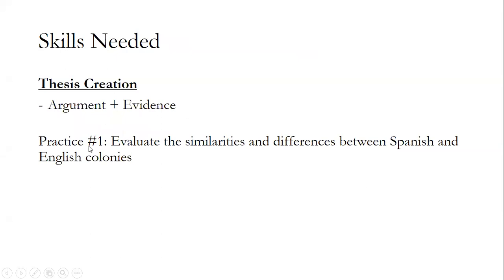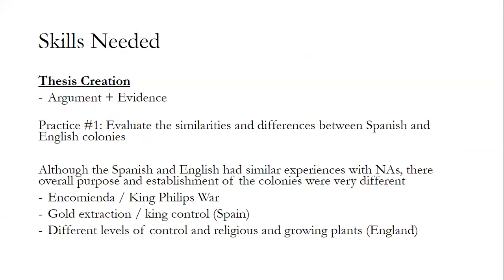So for a practice, you might have a prompt that says, evaluate the similarities and differences between the Spanish and English colonies. So if I was to write out a thesis for that, I would say, although the Spanish and English had similar experiences with Native Americans, or they were both bad, their overall purpose and establishment of the colonies were very different.